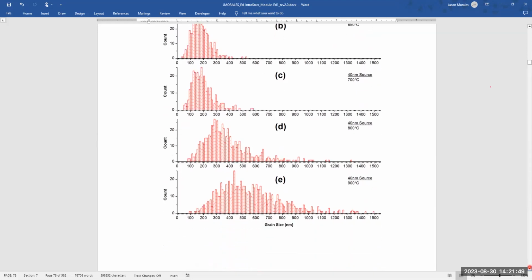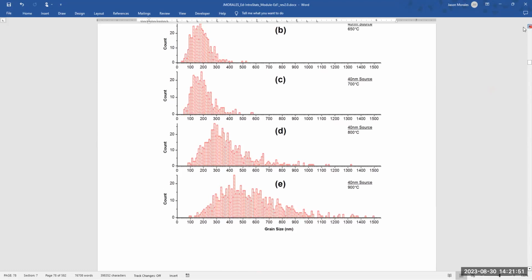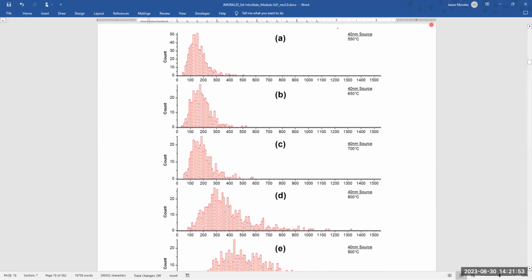Now, if you were just looking at the images themselves, it might be hard to discern a pattern as far as the effect that temperature had. And you might be able to get a sense that the grain sizes are increasing, but when you take that data and you take those pictures and you make histograms, it becomes more clear what's really going on.